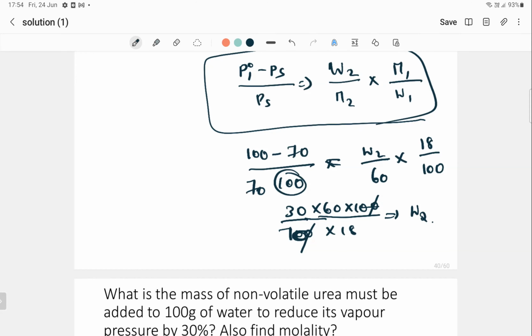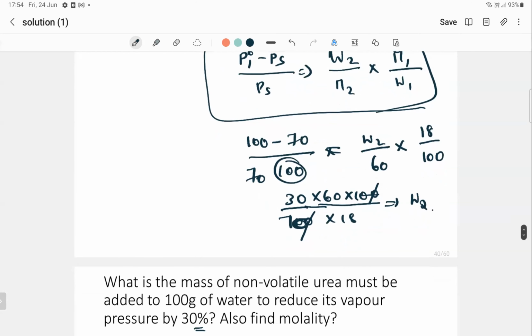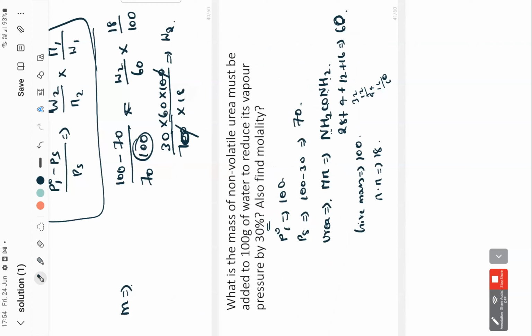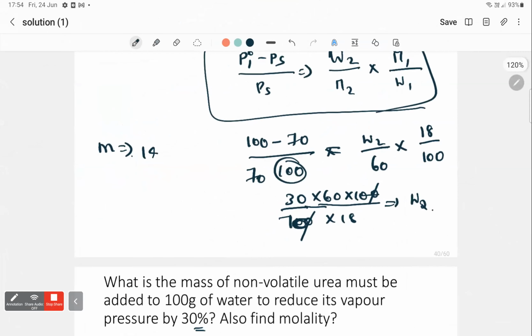Now do the molality. What is the answer for molality? Molality is equal to given mass. So given mass, what do we have? 142.8. 142.8 divided by molar mass, which was 60, into 100.